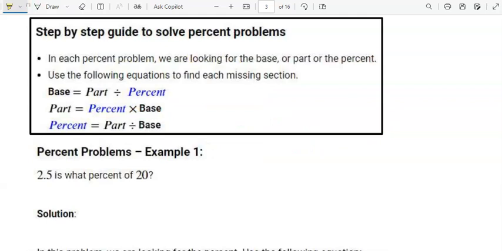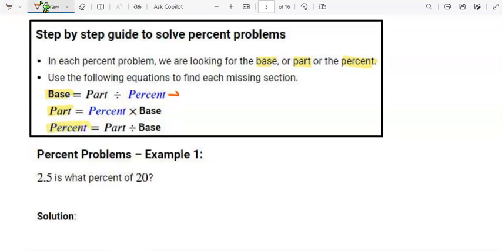Step-by-step guide to solve percent problems. In each percent problem, we are looking for the base, or the part, or the percent. Use the following equations to find each missing section. Base equals part divided by percent, part equals percent times base, and percent equals part divided by base. When you do that, keep these in mind.